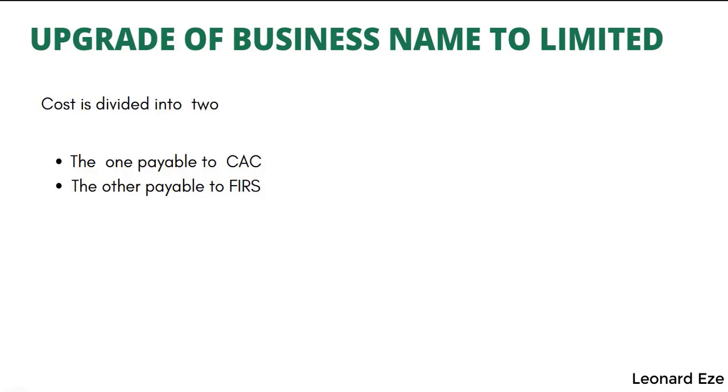We're considering the one of 1 million shares, and then the other being the stamp duty payable to FIRS. So these fees are dependent on the amount of shares, except the consent, which is 5,000 naira.